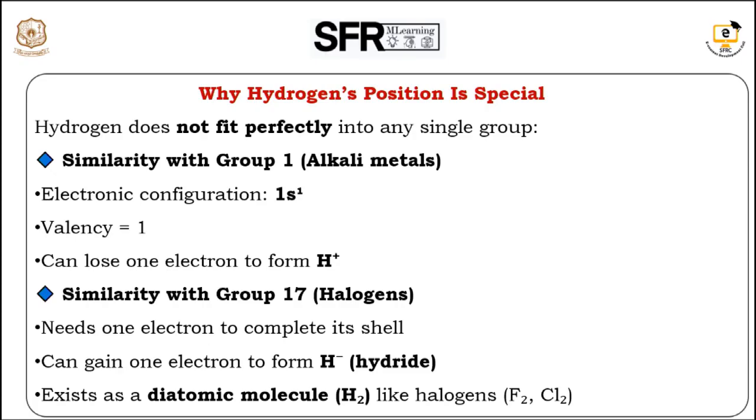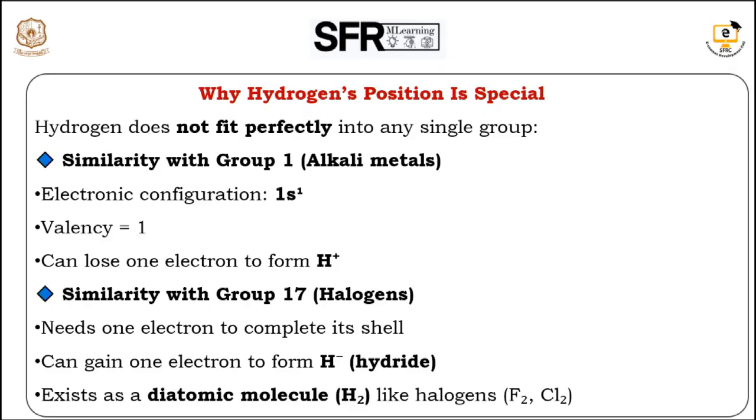Second, the similarity with the halogen group. The elements present in the halogens are fluorine, chlorine, bromine, iodine, astatine. What are the similarity points? The first is that they need one electron to complete the shell.